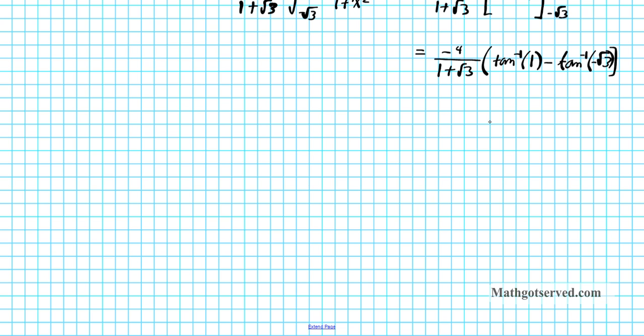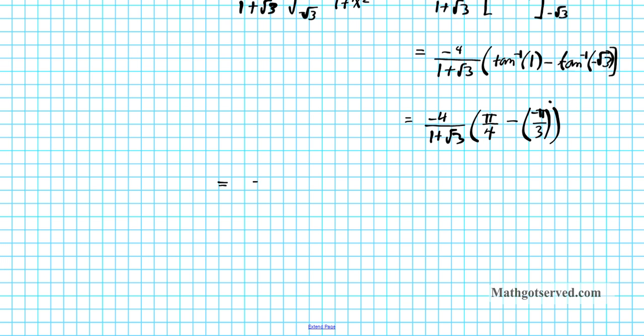Using your knowledge of trig, we can figure that this is negative 4 over 1 plus root 3 times inverse tan of 1, which is pi over 4, and inverse tan of negative root 3, which is negative pi over 3. And then we can find the LCD and simplify.